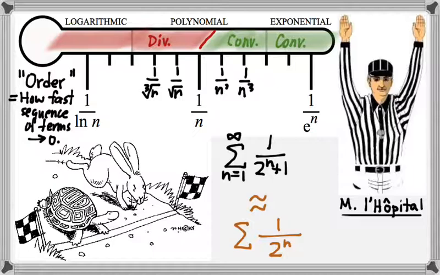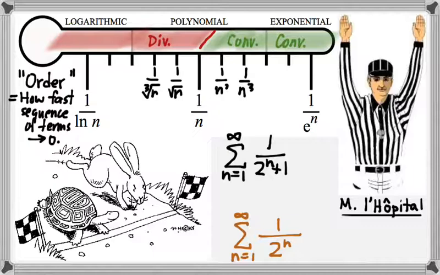How about 1 over 2 to the n? After all, the only difference between these two is this little plus 1 in the denominator. Now, this little approximately equal to sign here in the middle is not really what we want, right? We want a better way to compare one of these series to the other.